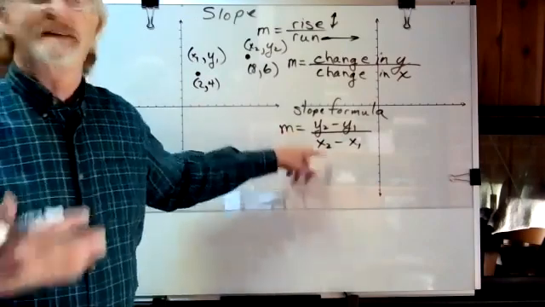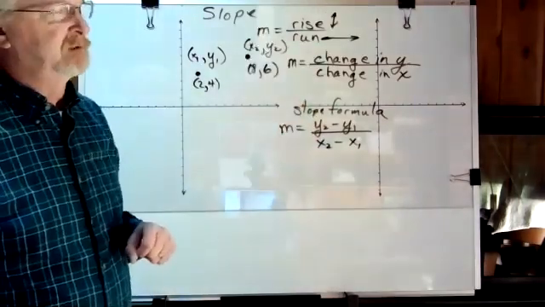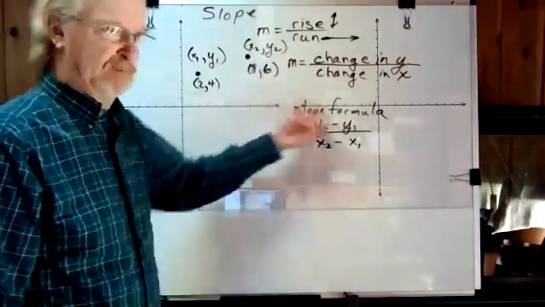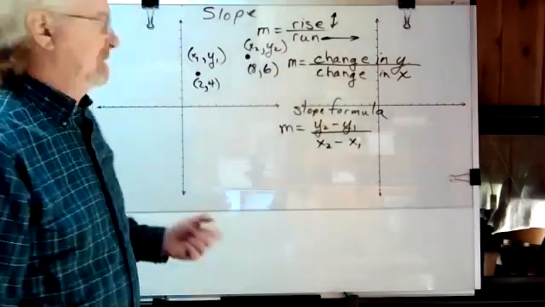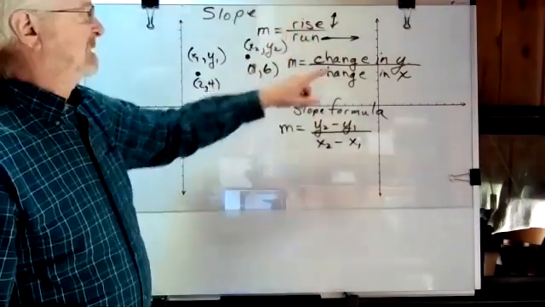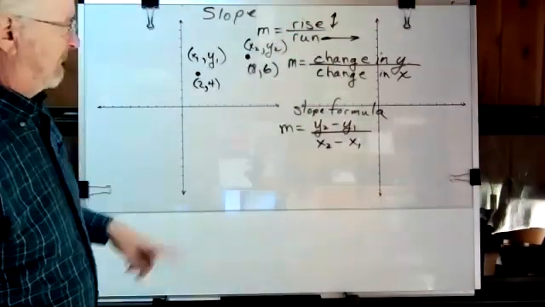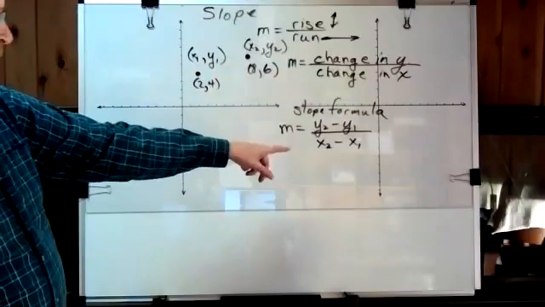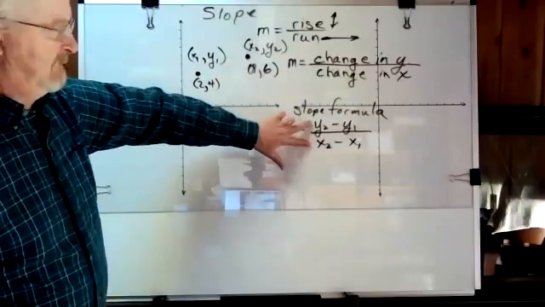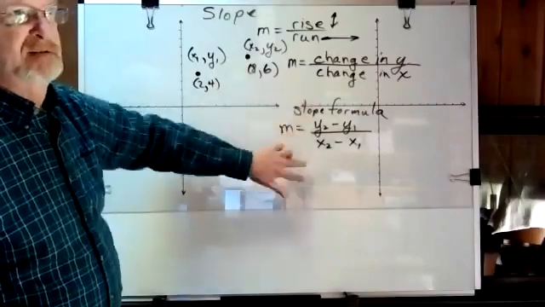You need to know this concept and how to use that formula. I'm not sure you're going to get it on the test. Hopefully we'll practice it and use it enough that you can reconstruct it, at least thinking rise over run, change in y, change in x. Now, I would always have to point out, notice the two values from one point are in the same position there.